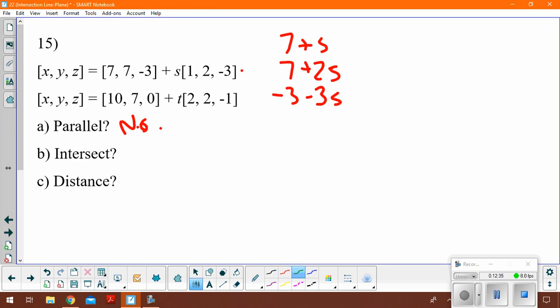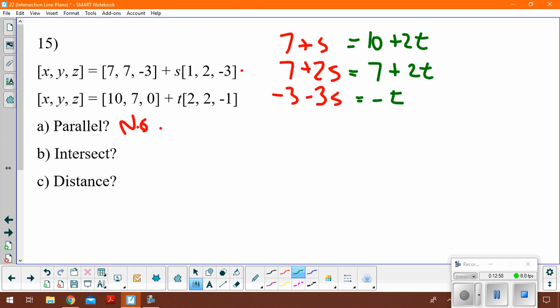From my other equation, my x parameter is 10 plus 2t, my y parameter is 7 plus 2t, and my final parameter is 0 minus t.